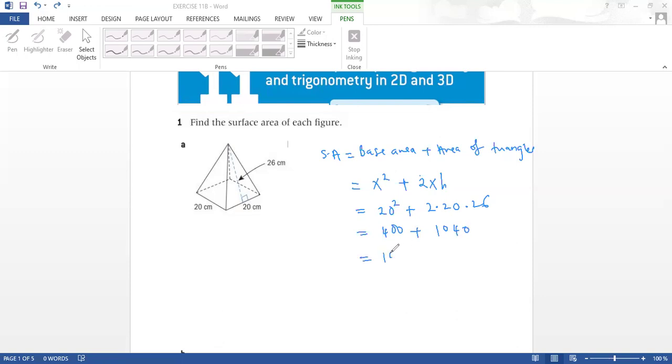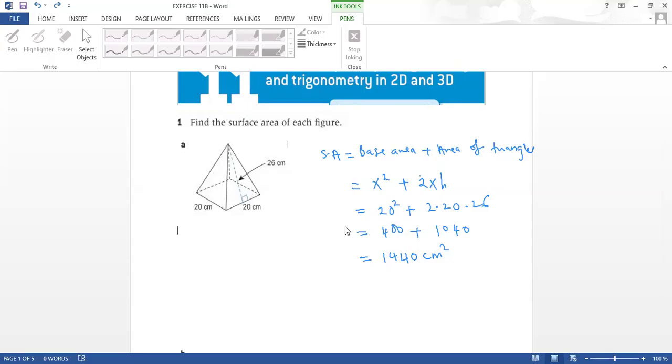If we add this together, your answer should be 1440 square centimeters. So that's for the first question.